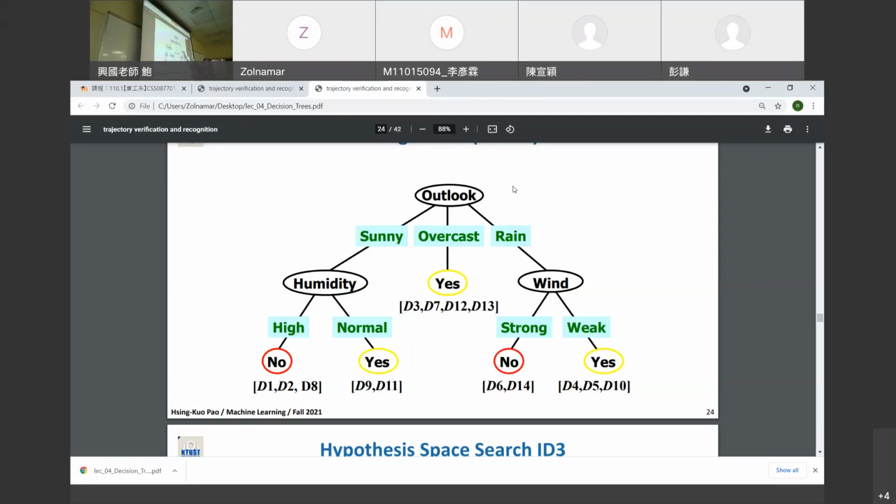When we know that the outlook is the most important attribute, then later we ask what condition, the humidity is, etc. So we kind of have conditional independence built into the assumption.